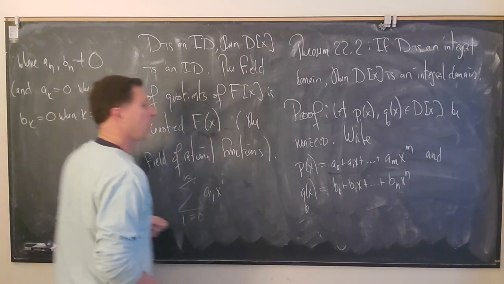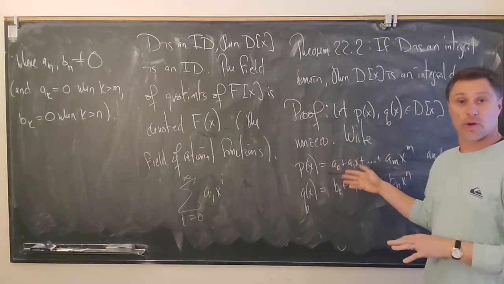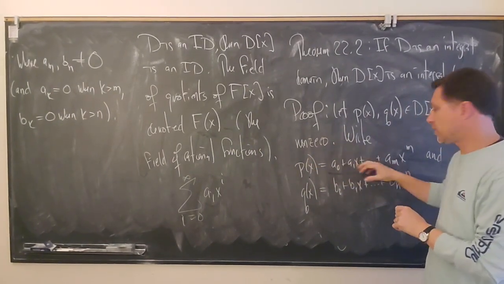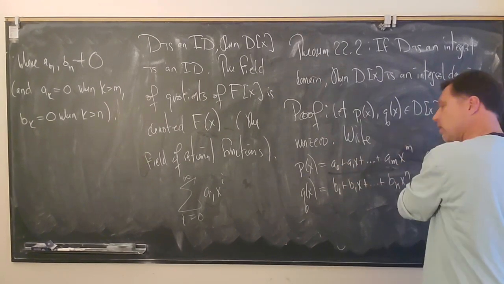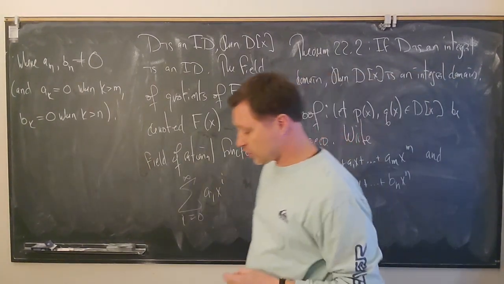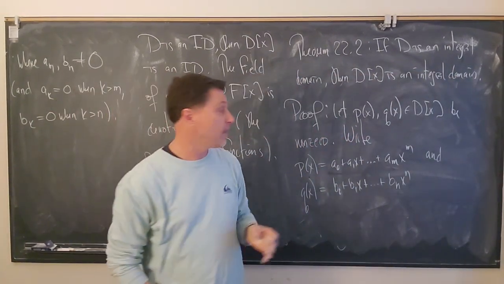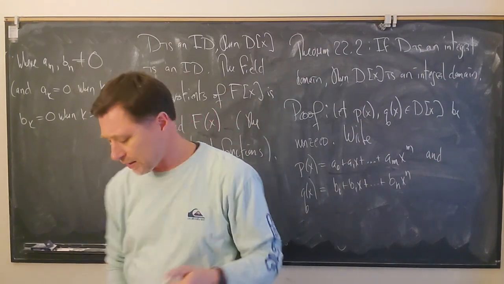In other words, a sub m is the last of the non-zero coefficients. If we start from a0, a1, a2, a3, some of these might be 0, but a sub m is non-zero, and there are no more non-zero coefficients after it. Same thing with q. I'm probably saying this a bit too much, but I just want to get the notation down. This is typically how we're going to write polynomials. We're not going to use the infinite series notation unless we absolutely have to.